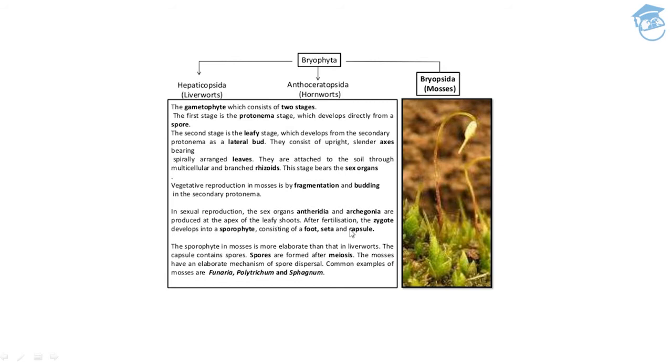After fertilization, the zygote develops into a sporophyte, which consists of foot, seta, and capsule. The sporophyte in mosses is more elaborate than that in liverworts, and the capsule contains spores, which are formed after meiosis. The mosses have an elaborate mechanism of spore dispersal. For example, it is seen in Funaria, Polytrichum, and Sphagnum.